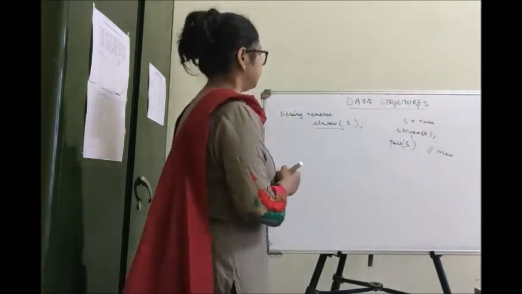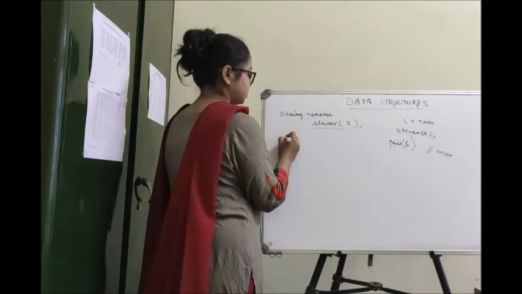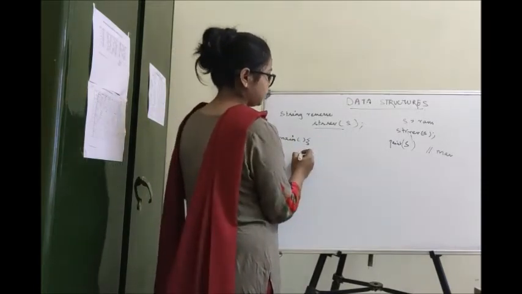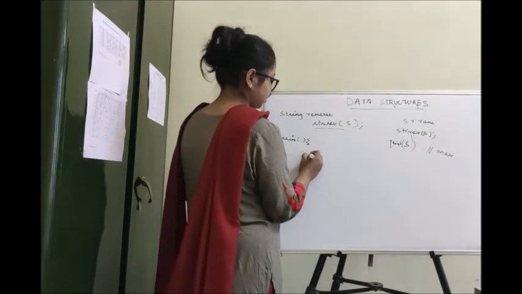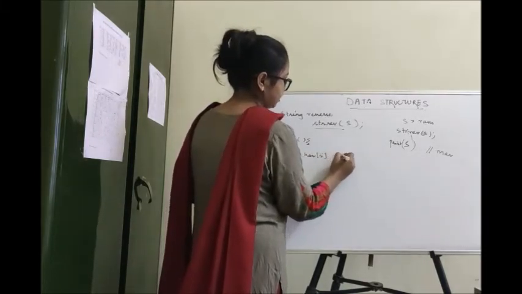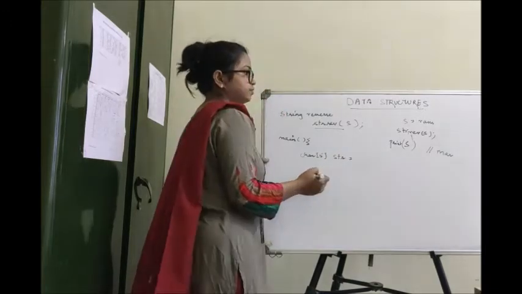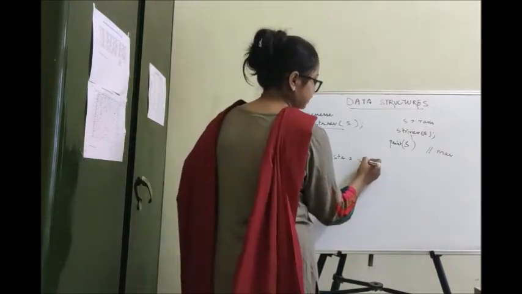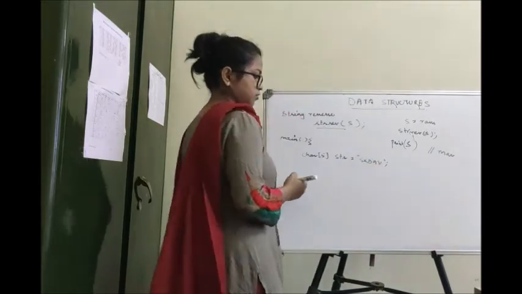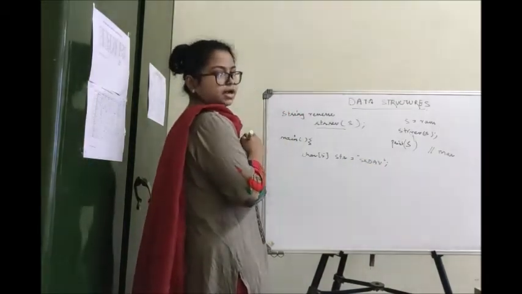Okay, we'll see the program. I'm starting from main. In the main function, suppose we are declaring a string, char str[5] equal to skdav. Suppose this is my string. I want to reverse it and print it.